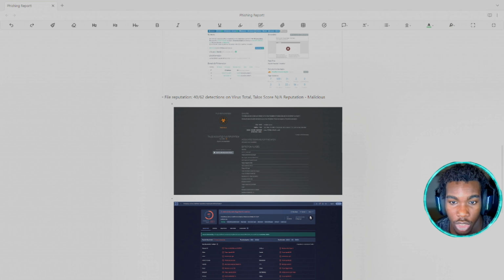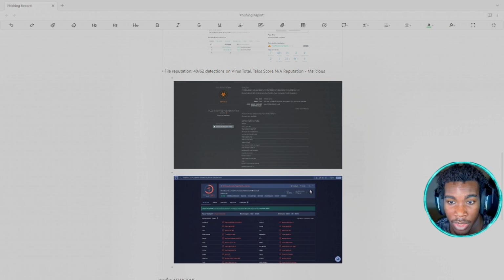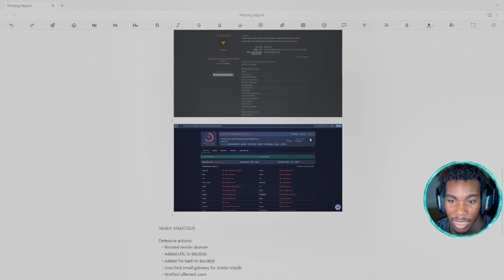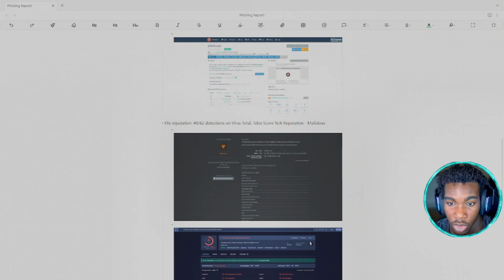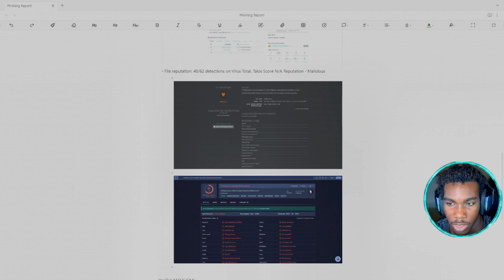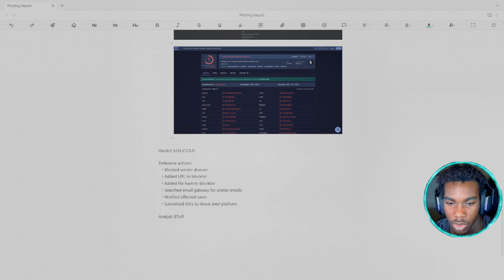And then we are also showing the file reputation checks we did on that malicious attachment from Talos Intelligence and VirusTotal. Also just showing the score on there. There was no score for the Cisco one, but that's okay because it already told us that it was malicious.